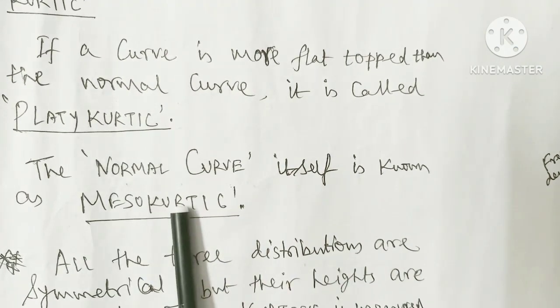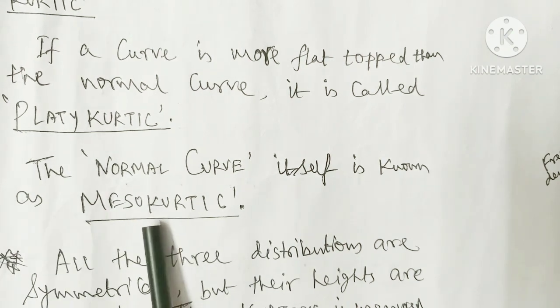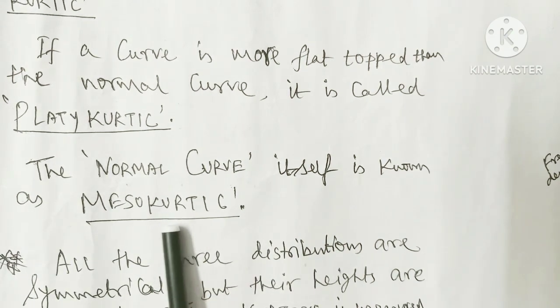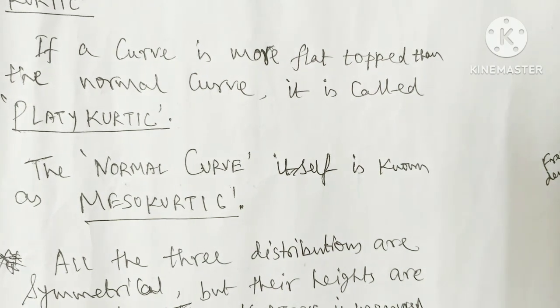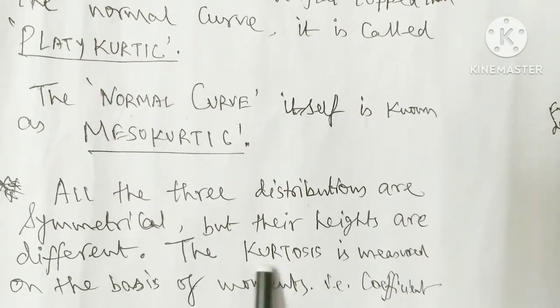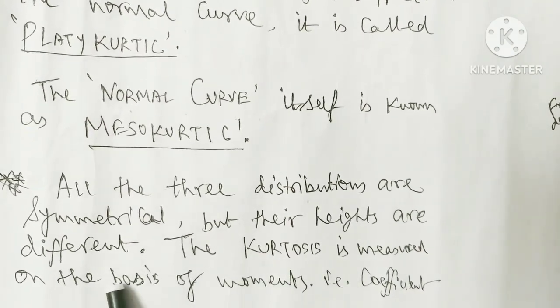The normal curve itself is known as mesokurtic. That is, all the other natures of kurtosis are measured on the basis of mesokurtic, that is, the normal curve. All the three distributions are symmetrical, but their heights are different.